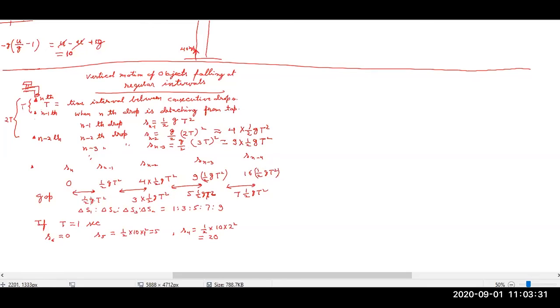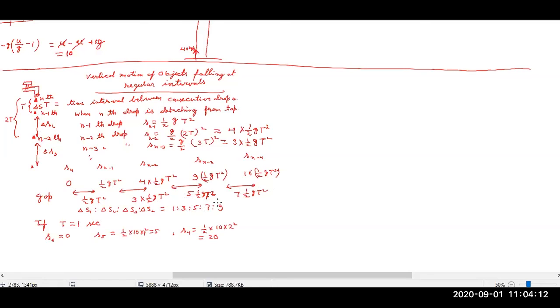And if you write the gap, the gap between these two is half gt square, then the gap between these two, this is delta S1, this is delta S2, this is delta S3, like this. So delta S3 we have written as 5 half gt square. So like that we can keep on writing. If you take the ratio of the different gaps, they are in AP: 1, 3, 5, 7, like this.